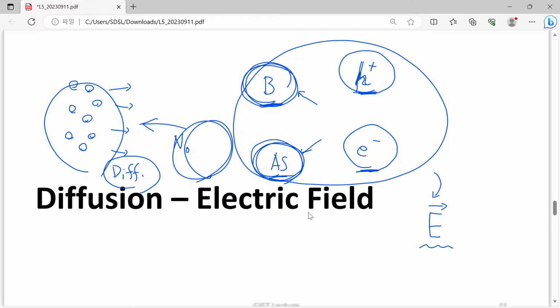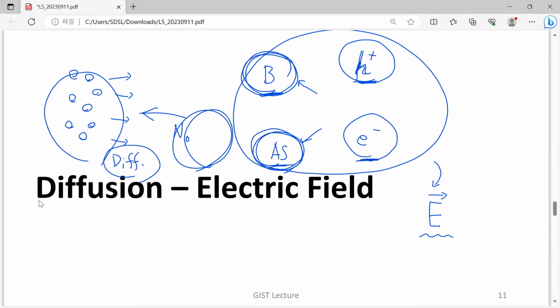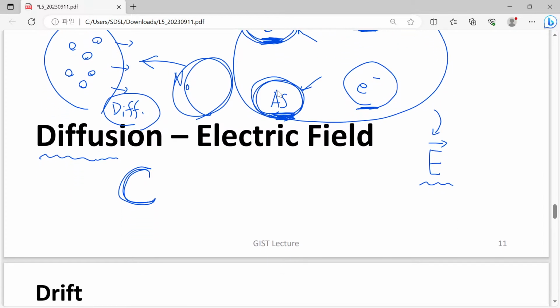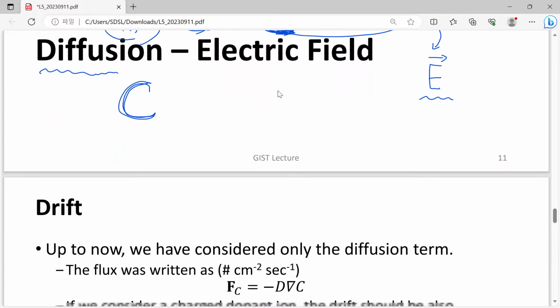So up to now we have considered just diffusion. Diffusion is related to just the number of our species, so whether they are positively charged, negatively charged, or even neutral doesn't make any difference. However, unfortunately, our atoms are actually ions, so they react against the electric field.